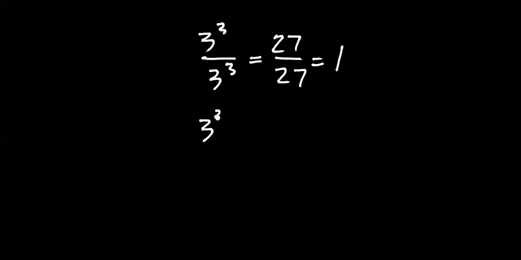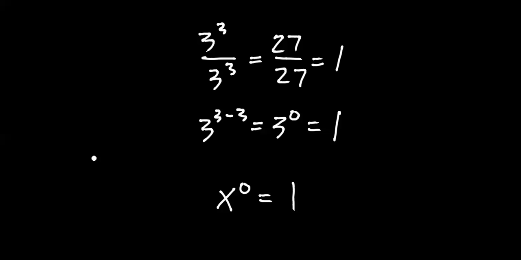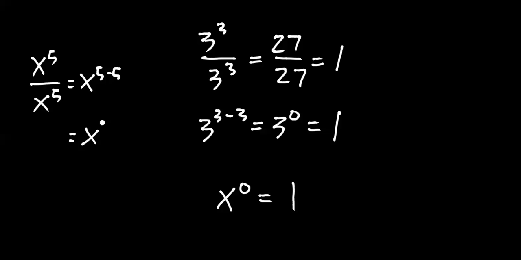But we can also write it as 3 to the 3 minus 3, which is the same as saying 3 to the 0, which is the same thing as 1. So any number to the 0 power equals 1. X to the 5 over x to the 5 is x to the 5 minus 5, which is x to the 0, which equals 1.